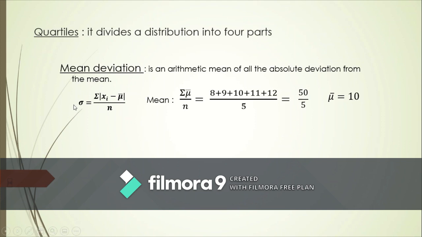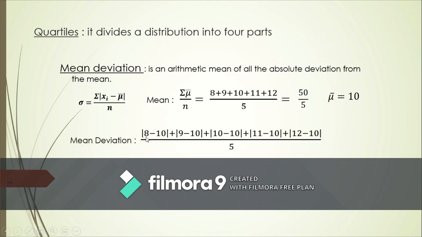So, the mean is equal to 10 for this distribution. For mean deviation, we are going to apply this formula for ungrouped data. We say 8 minus 10, which is the mean in absolute form, plus we add the second one, 9 minus 10 in absolute form, and so on, and all divided by the number of data, which is 5.